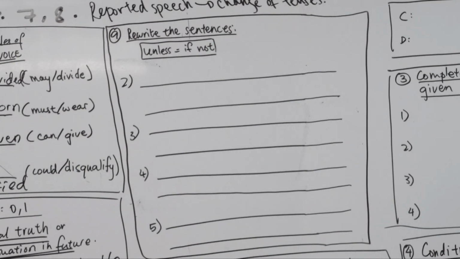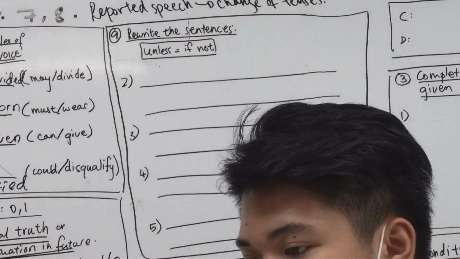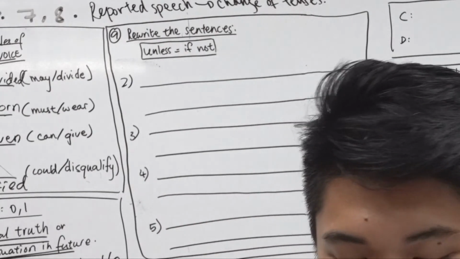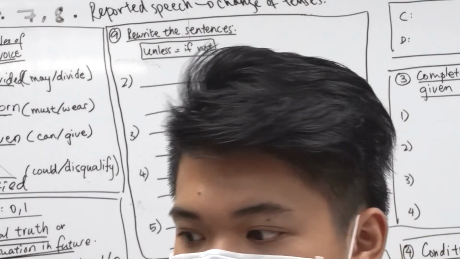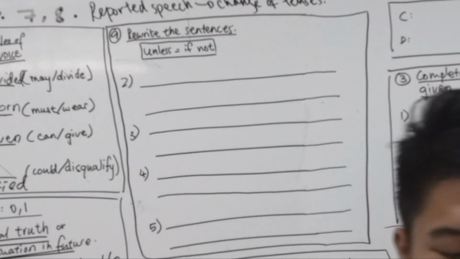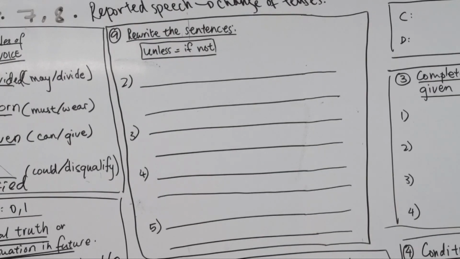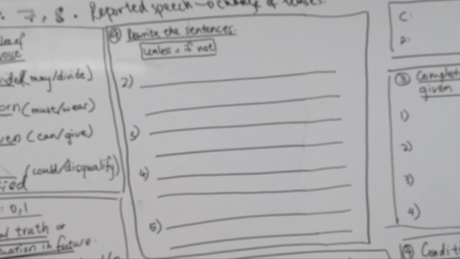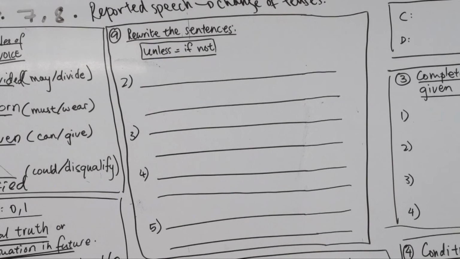Unless you train regularly, you won't be ready in May. You see the similarity in structure, right? But unless already has the negative meaning, it means if you do not. So unless is if you do not, or if someone does not. So let's go to number 2. Listen to the coach or you won't know what to do.